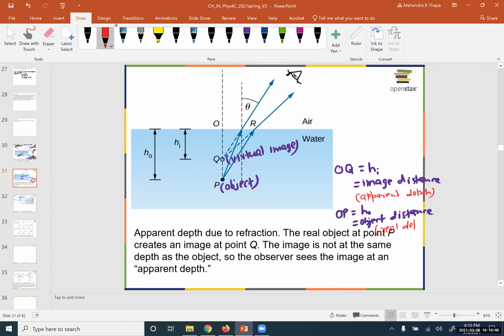So the key point here is that the object at P appears at Q.